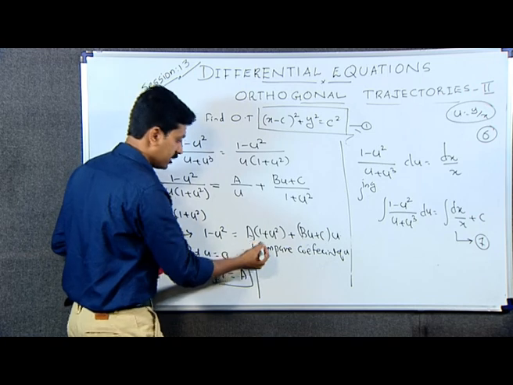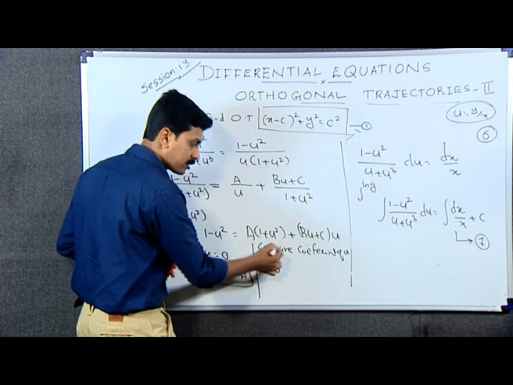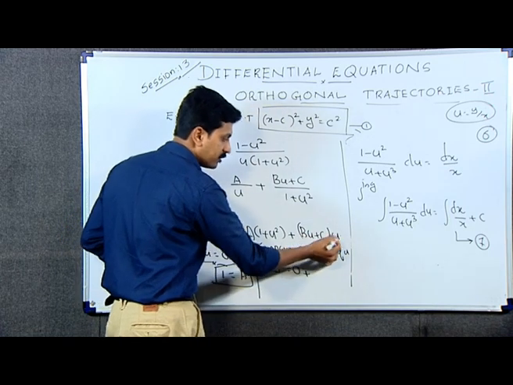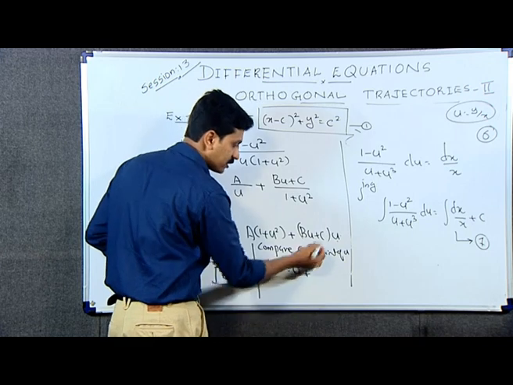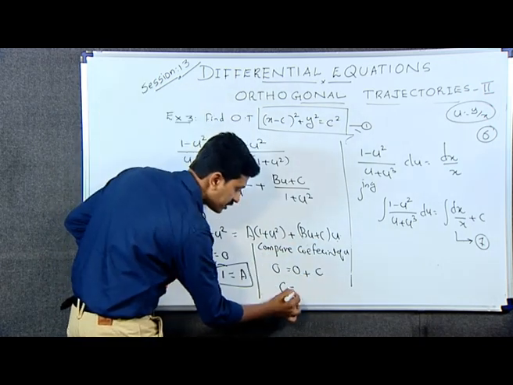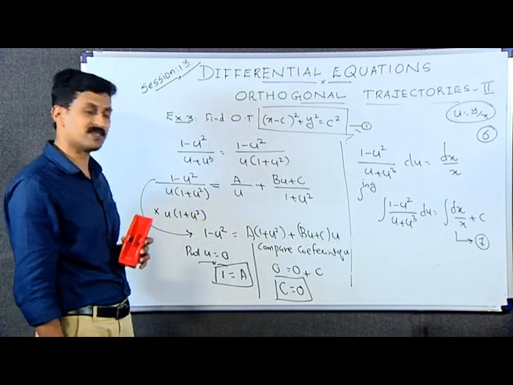Here there is no coefficient of u, that is 0, and here b u into u is u square, so only c is there. So, we have got the value of c as 0.